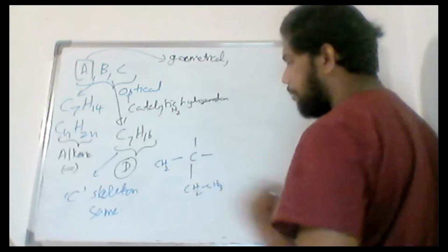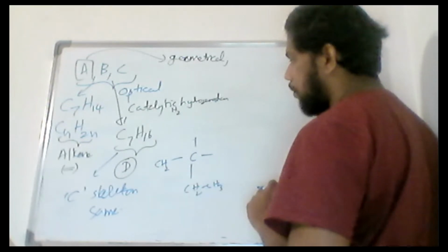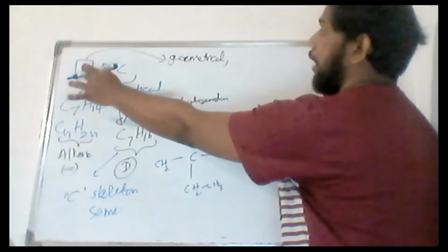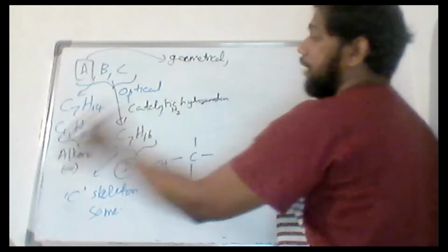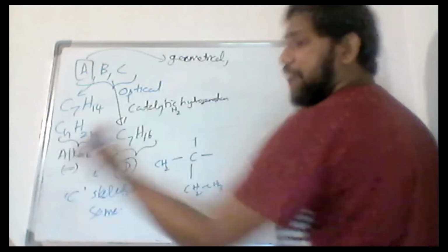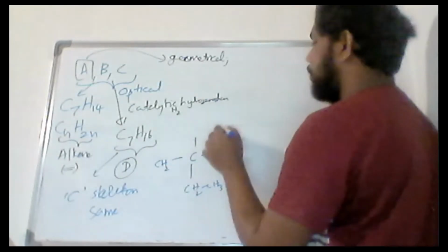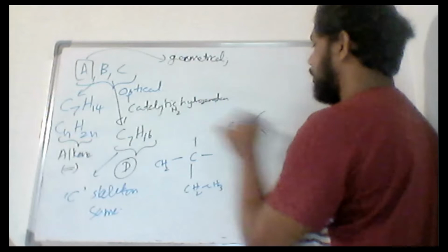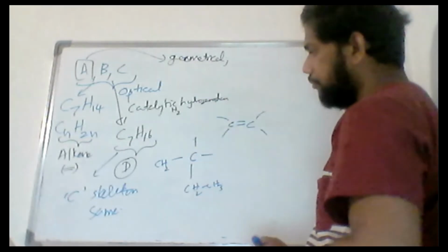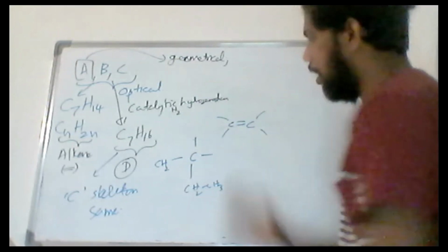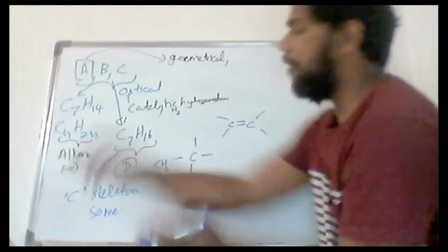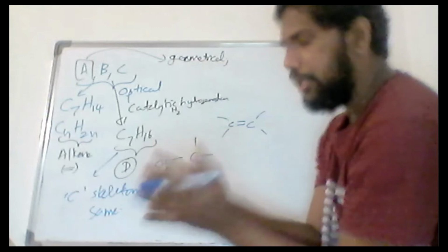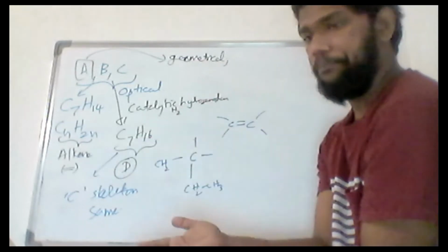So 3 carbons remain. And all compounds should have at least one double bond. So I should have something like this as well. Now I have to connect these two, because each compound should have at least one double bond and the carbon skeleton should be the same.